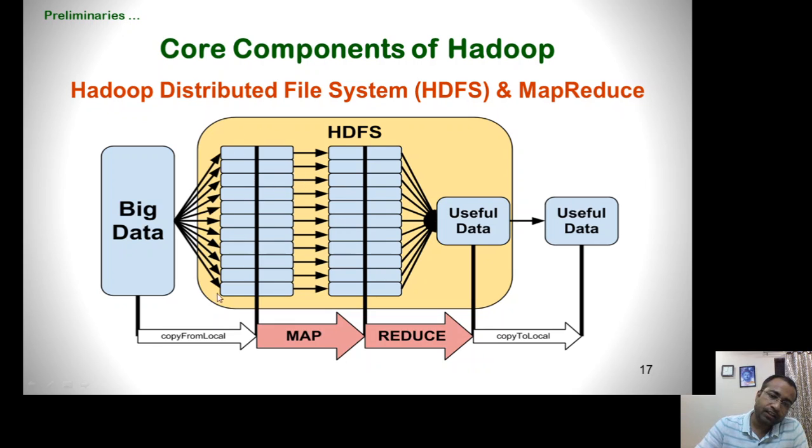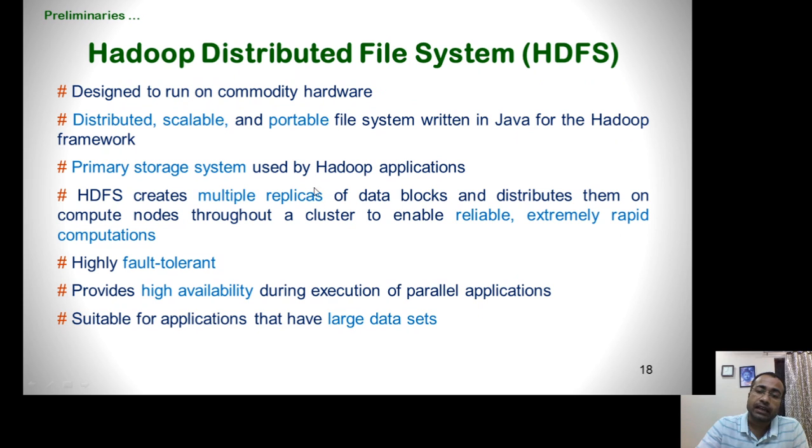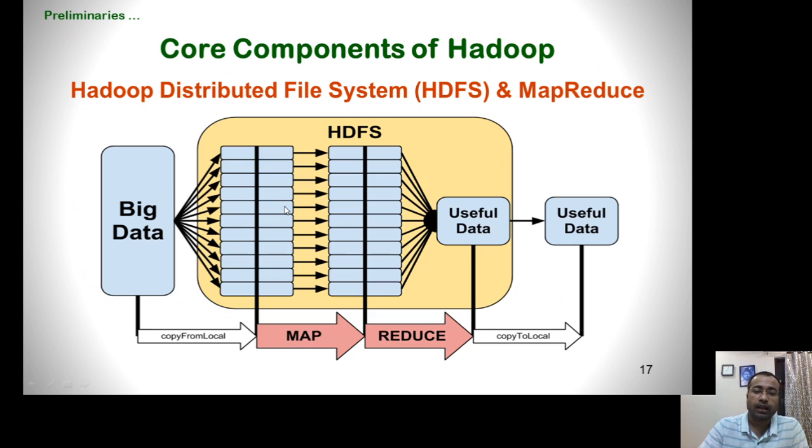When this data is copied from the local file system to HDFS, it will be automatically split into multiple blocks of data. And for each block, there will be a map operation. MapReduce code will be applied on these chunks of data.